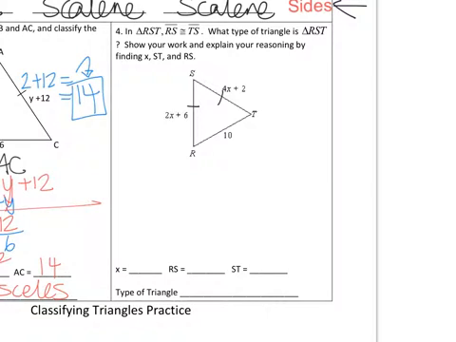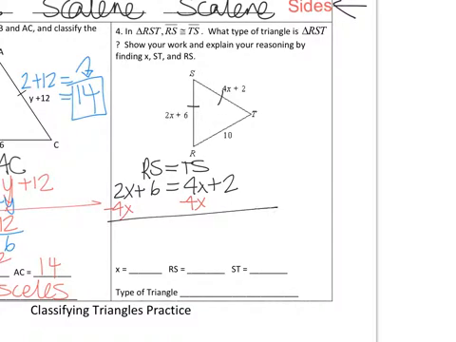All right, so you had some time to try this problem. Let's see how you did. Okay, so RS is equal to TS. So that means that 2x plus 6 is equal to 4x plus 2. So if I collect my x terms on the left, I would get negative 2x plus 6 equals 2.